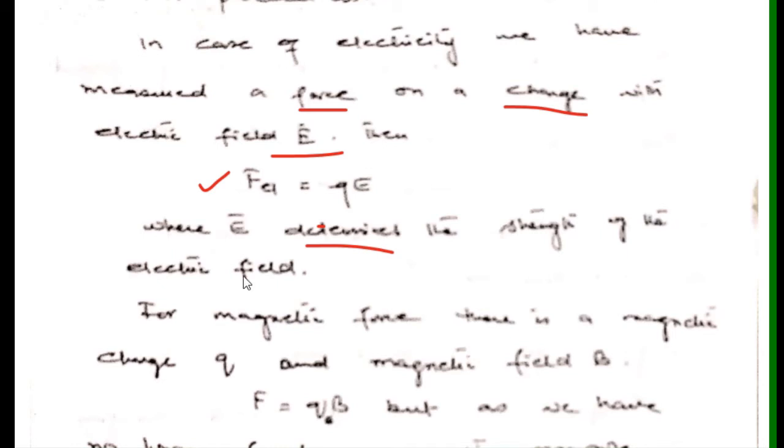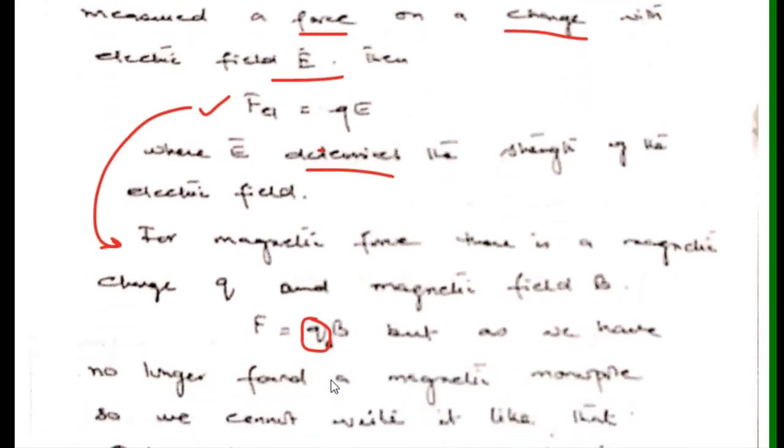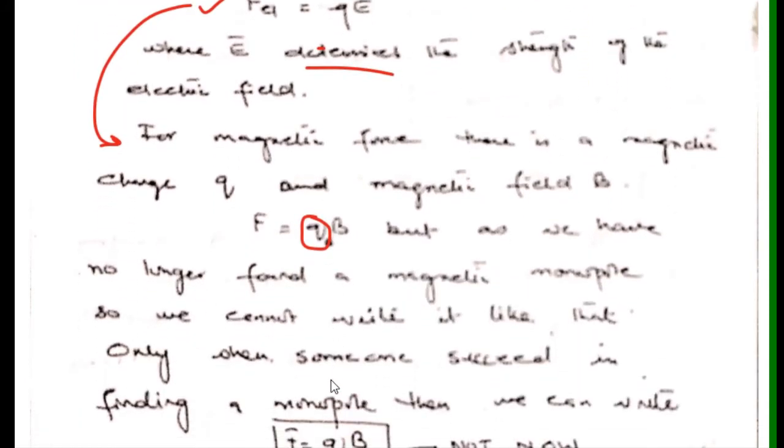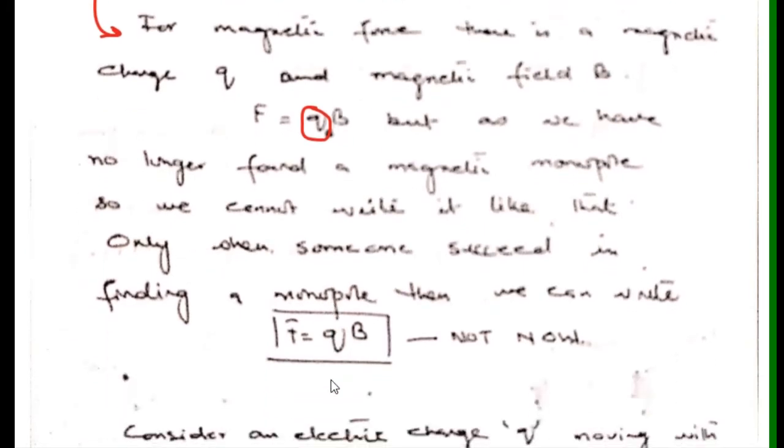For magnetic field, why can we not write this formula? It would be very easy to write F_B equals QB, but we cannot write this formula for magnetic field, because the poles or the magnetic charges are not present in singular form.